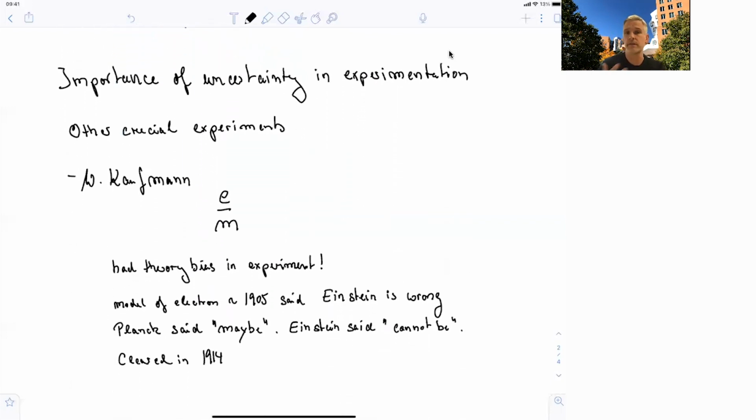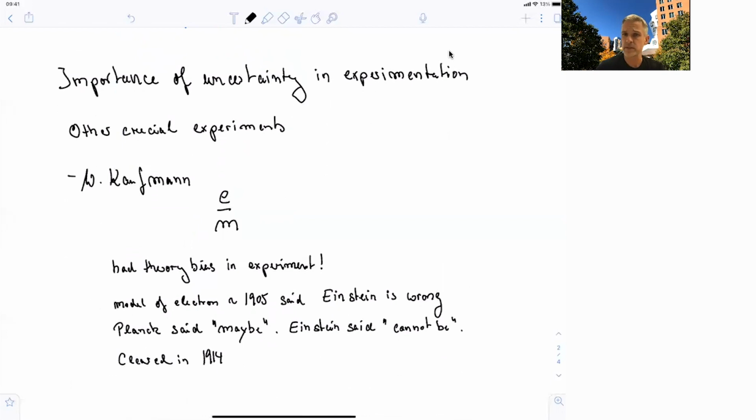One example of a biased experiment is one by Walter Kaufmann, who tried to measure e over m, the electric charge over the mass of the electron, but he had a rather strong theoretical bias. And he conducted the experiment at the time Einstein was proposing his theory. The bias really came from the model of an electron at the time.